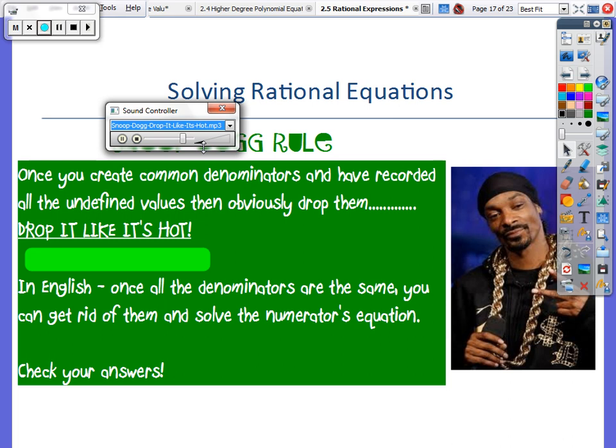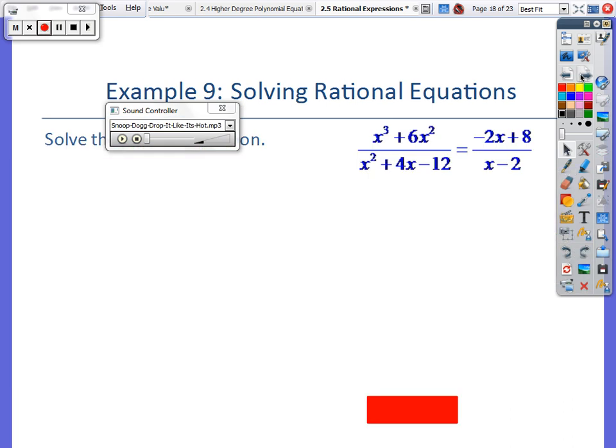You're going to drop the denominators all the way across the bottom. So once all the denominators are the same, you can get rid of them and just solve across the top. Makes your life so much easier. Again, there's other methods of using LCMs and things like that, but I like using the Snoop Dogg. Seems to sort of hit a chord with students. So let's see this in action and see if we can get the right answer.